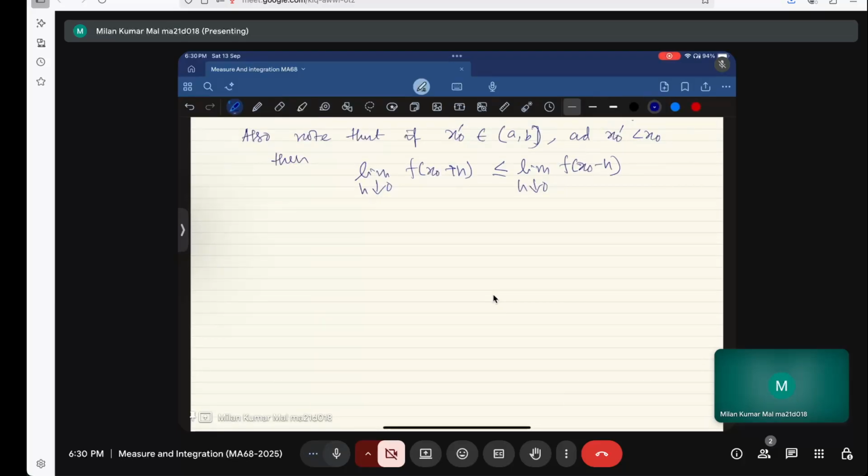Sorry, this is dashed. Then if r naught dashed is the corresponding choice for x naught dashed, then r naught dashed is strictly less than r naught.